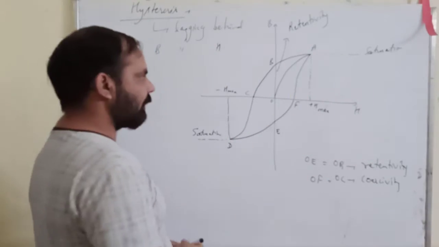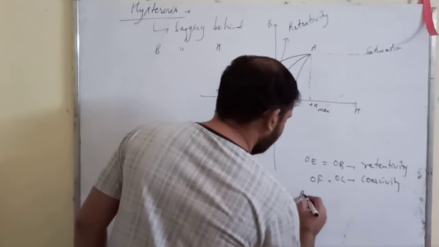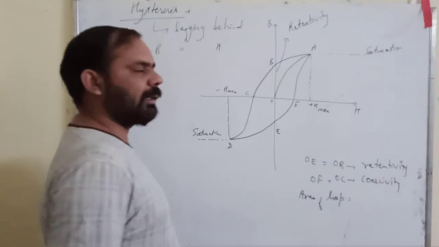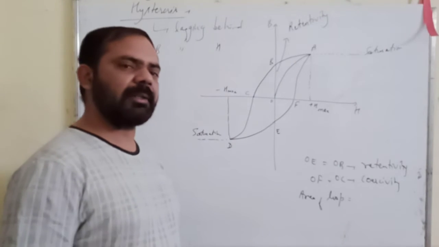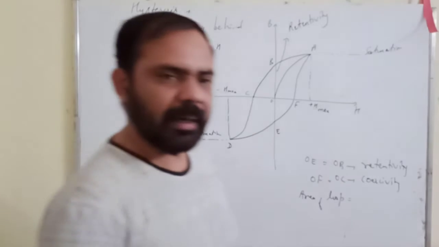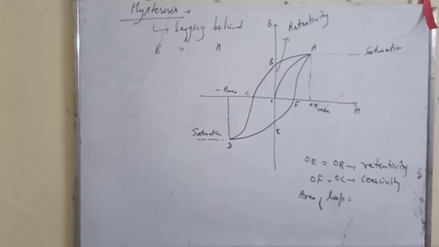One more thing is there: the area of the loop will tell you how much energy is used up in one cycle of magnetization and demagnetization.